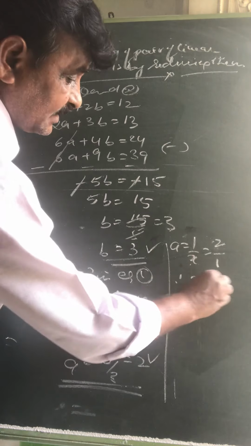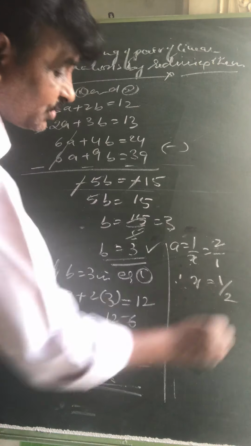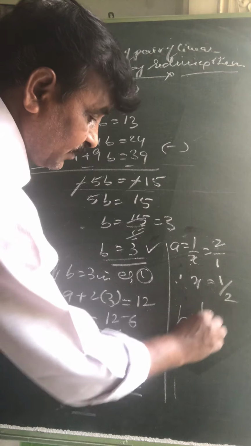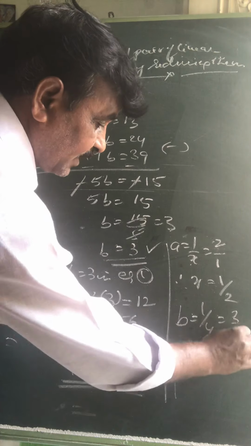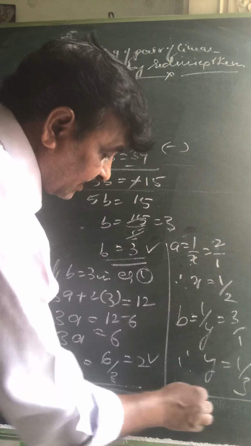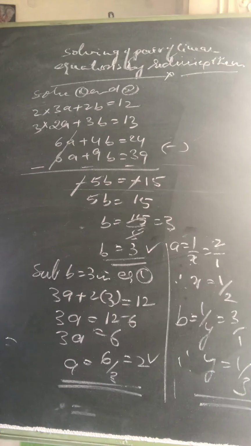Therefore, x is equal to 1 by 2. And b is equal to 1 by y is equal to 3 by 1. Therefore, y is equal to 1 by 3. So the solution is x is equal to 1 by 2 and y is equal to 1 by 3.